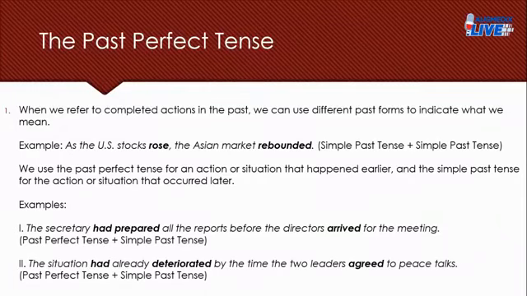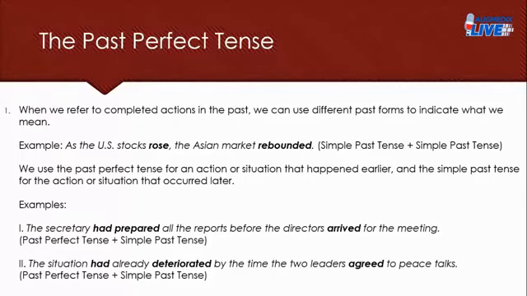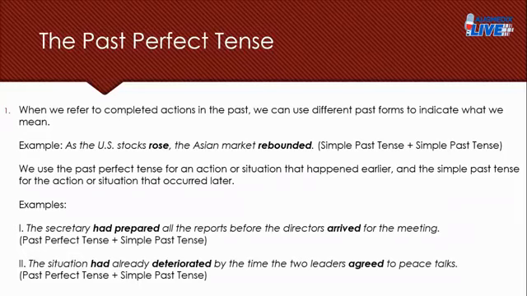So when you just naturally want to talk about certain things that took place in the past, you just use the simple past tense. Or you can use many different past forms, such as the first example under rule number one: As the US stocks rose, the Asian market rebounded.